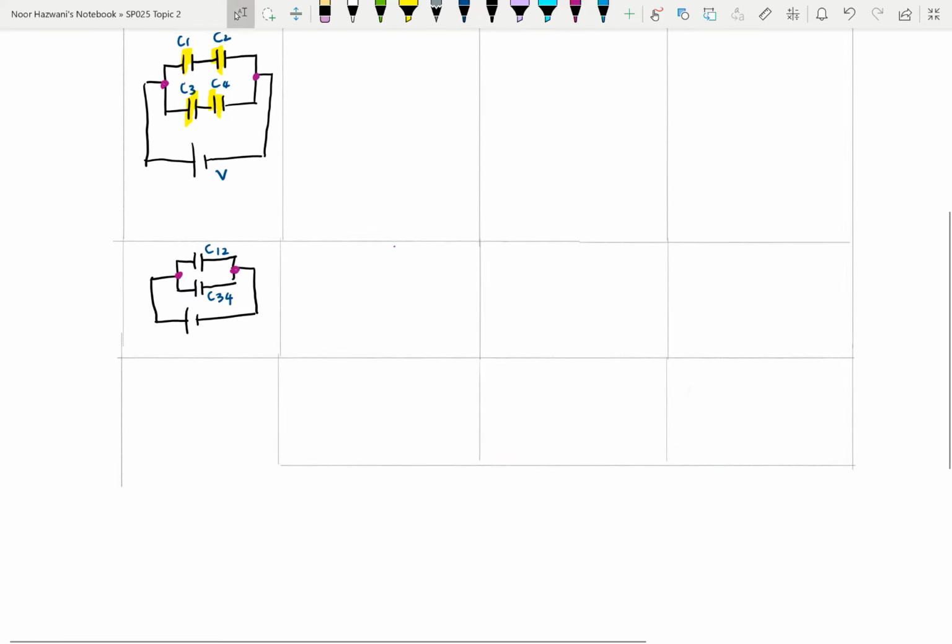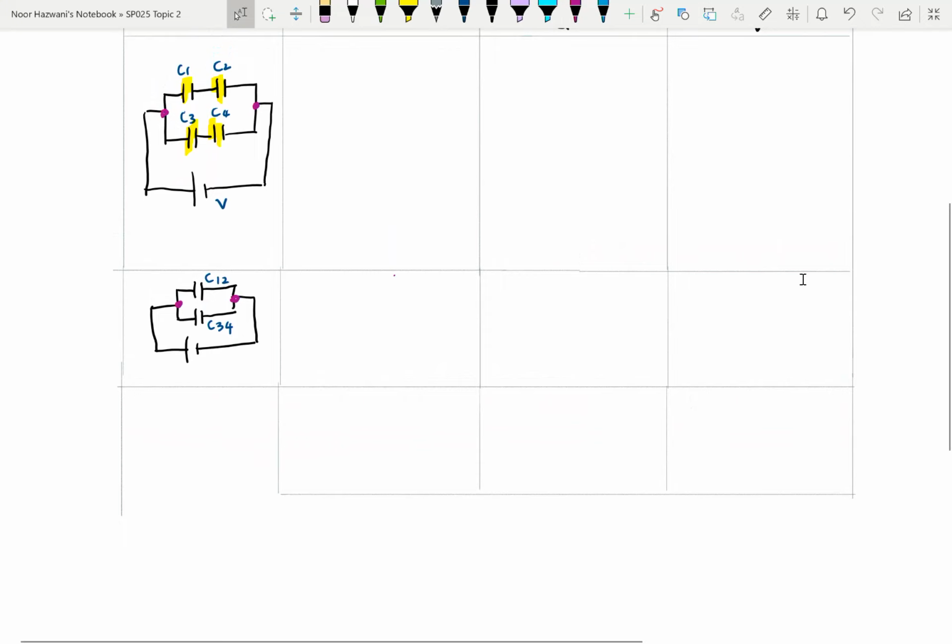Junction kita. Okay, bila you dah tandakan simpang, apa yang you perasan sekarang ni adalah C12 you dengan C34 share two common junction. Maksudnya kaki kanan dan kiri dia pegang simpang yang sama dengan C34. So, bila dia pegang simpang yang sama ataupun share the same junctions, means the connection is parallel.